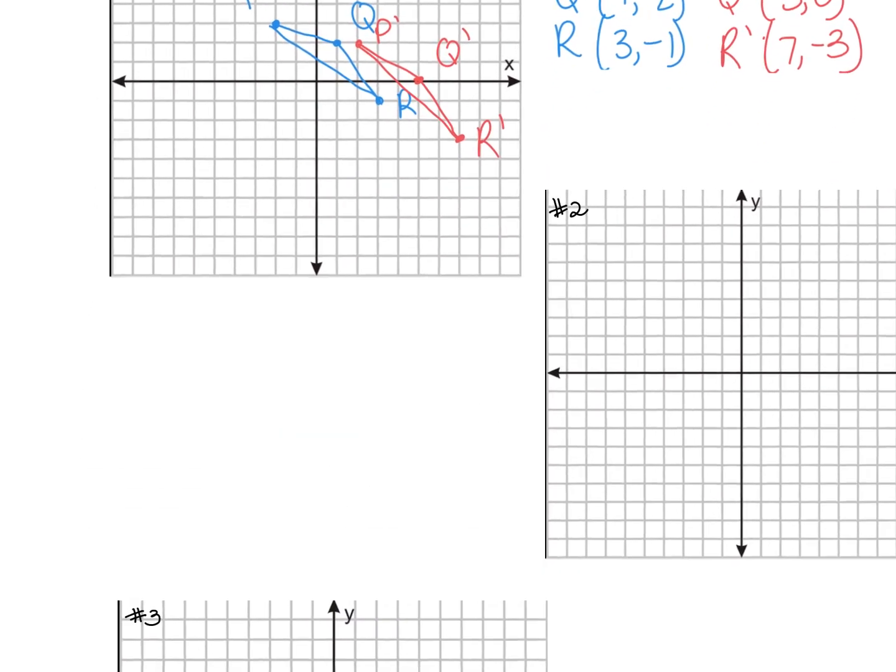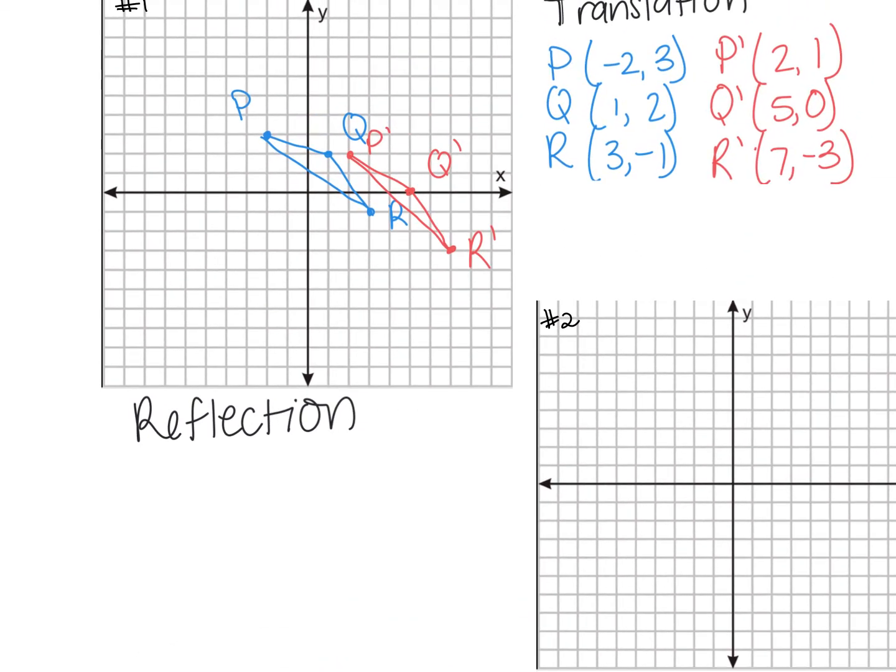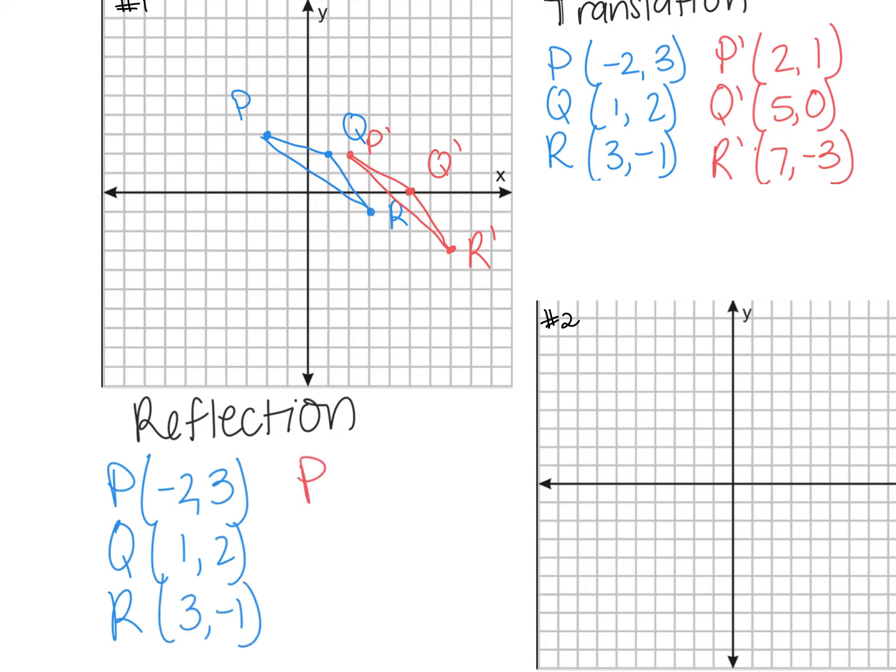And then looking at number 2, I have a reflection. My P and my Q are the same. And then this was (-2, 3), (1, -2), and (3, 1).